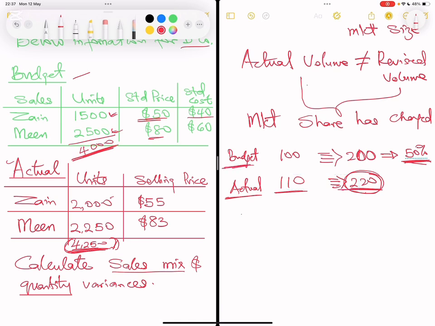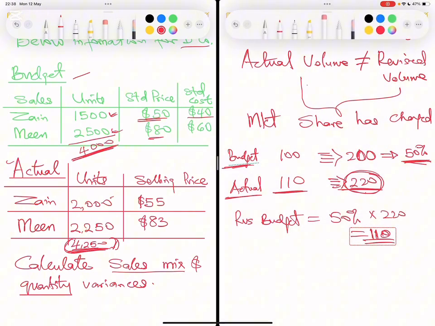So our revised budget will be equal to 50% of 220, and that will be 110. And if this actual is 110, then we have maintained the market share of 50%.